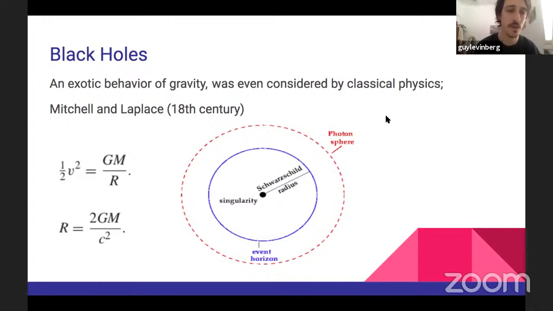Surprisingly, even this very simplistic classical treatment gives the actual relativistic result by Schwarzschild himself in the beginning of the 20th century. So it's quite nice to see this.